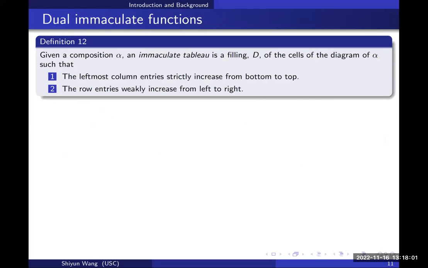Okay, so now there is another Schur-like basis, which is called the dual immaculate functions. The difference for this kind of tableau compared to the Young quasisymmetric Schur tableau is we simply drop the triple rule, and we still have the first column strictly increasing and all the rows weakly increasing, but we don't have that triple rule.